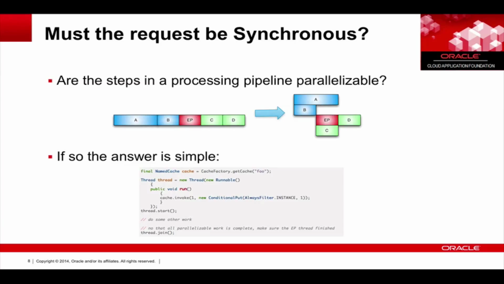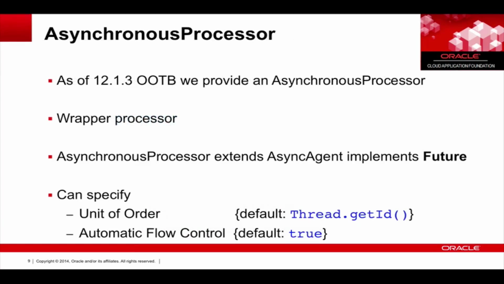Okay. And so that kind of leads us quite nicely onto asynchronous entry processors. It's a new feature introduced in 12.1.3, and it's actually a wrapper entry processor. So the asynchronous processor is an entry processor implementation. It's kind of a marker.